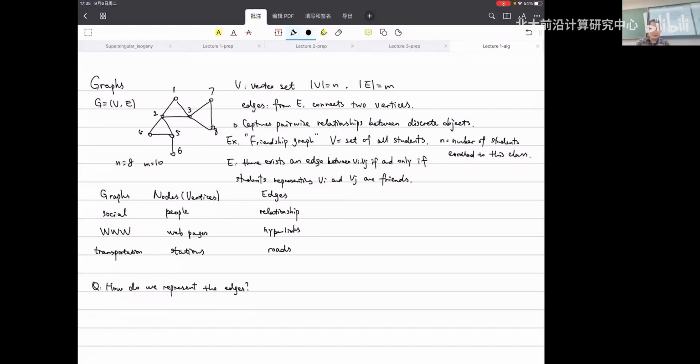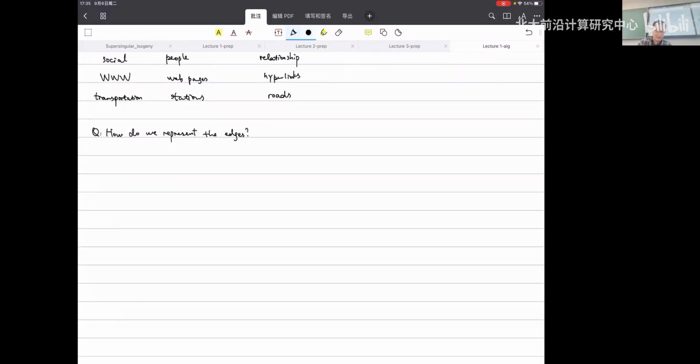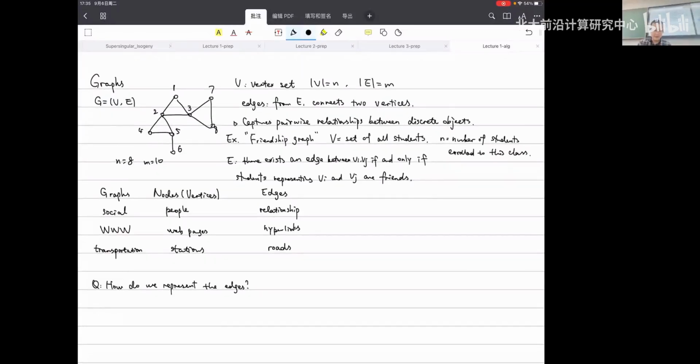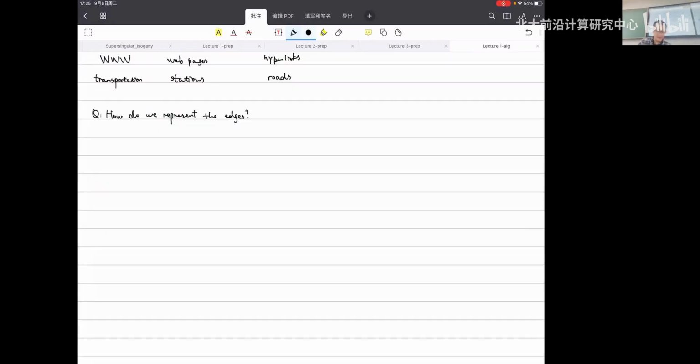Let's just number the vertices of this graph in such an ordering. But after that, how do we represent the edges? There are different ways that, given the ordering of the vertices, we can store the edges. This is something we want to be careful about.